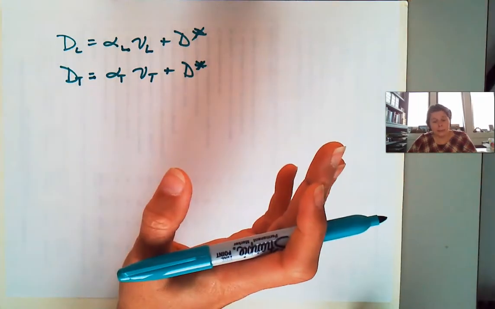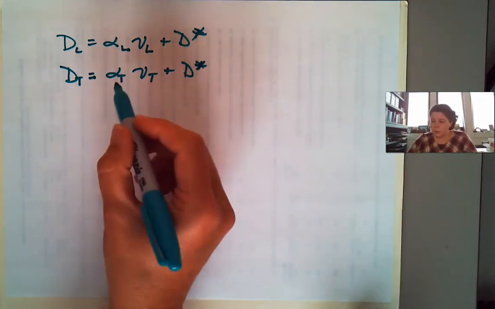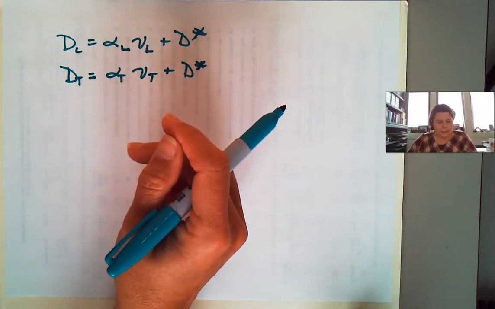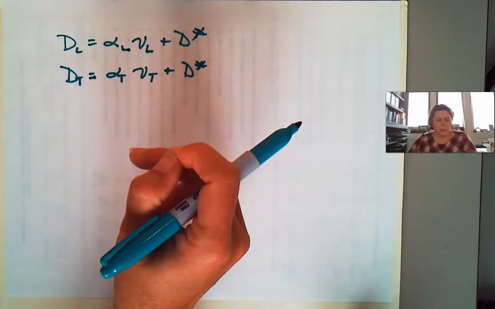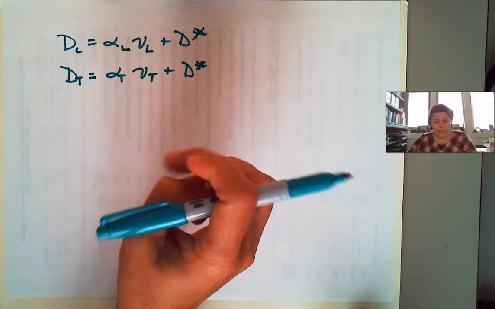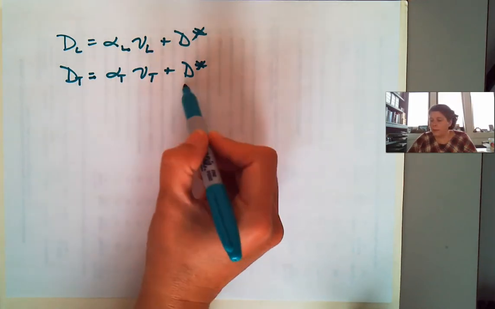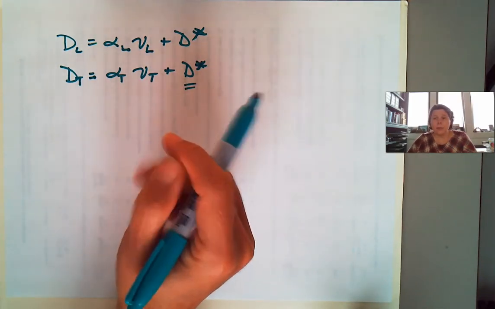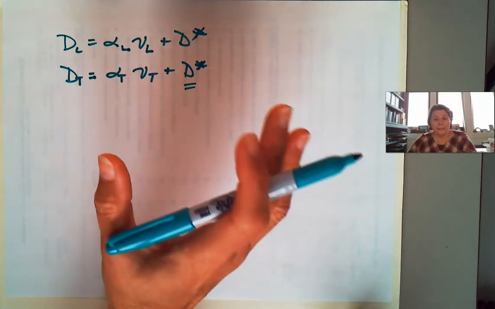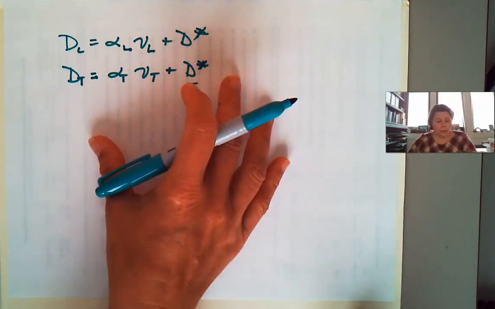So at very high velocities, we're going to have the dispersivity and the velocity that we talked about. But what about at low velocities? This is where diffusion becomes dominant, because once the flow is so slow or non-existent, we're going to be looking at more diffusion.